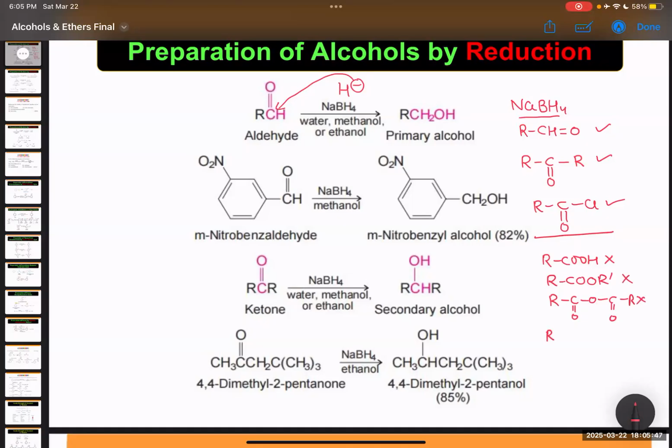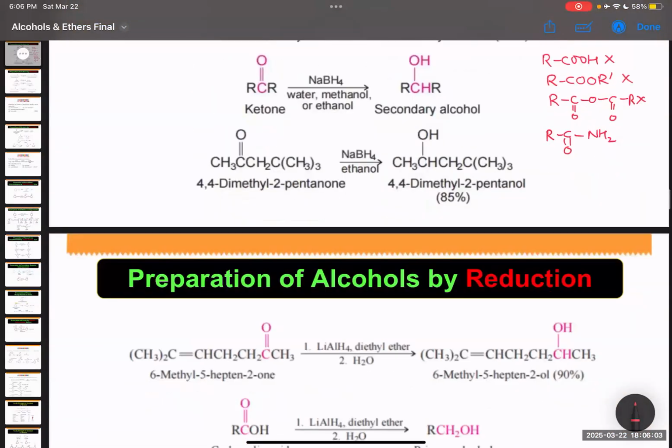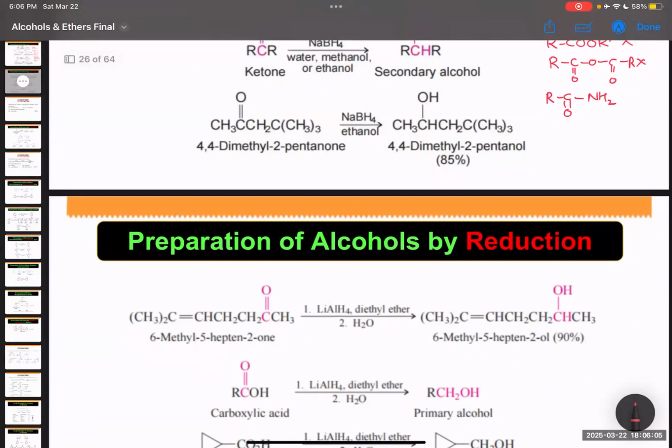They are not being reduced. So you can see that NaBH4 is helping us to get alcohols from aldehydes and ketones.